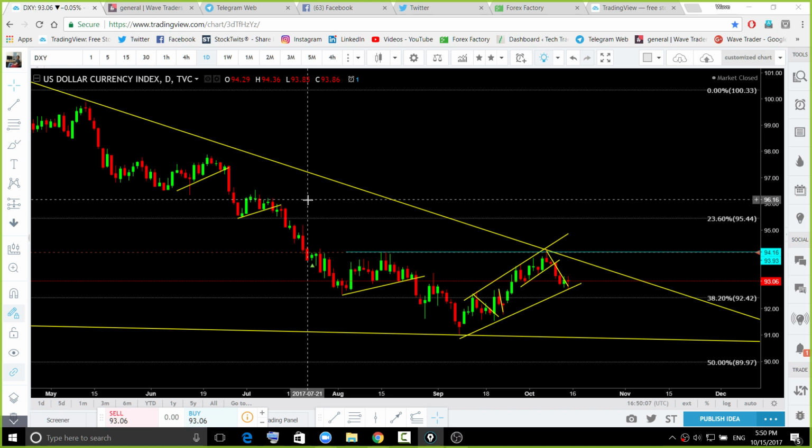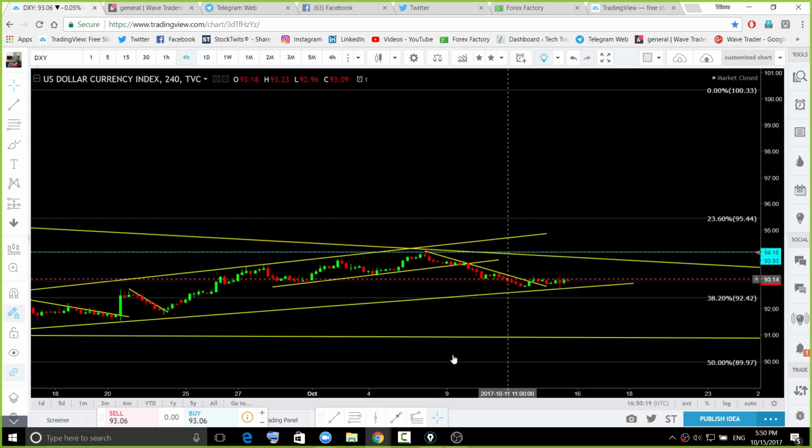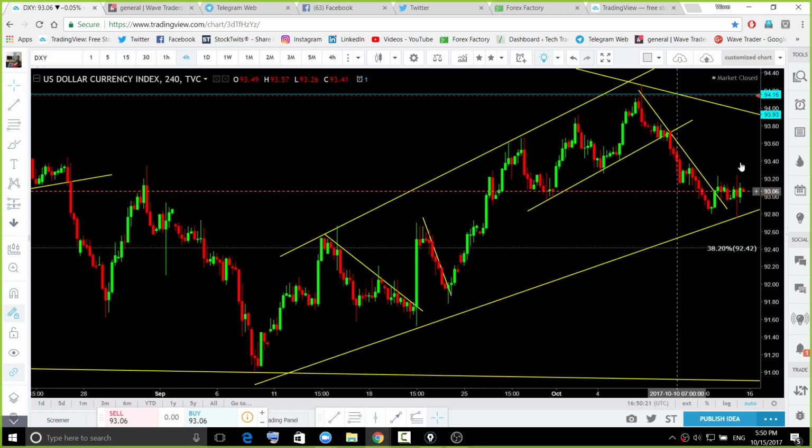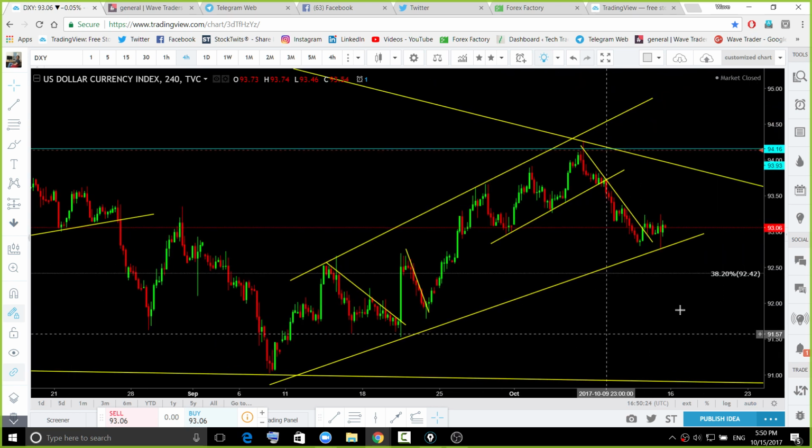So currently I'm neutral at the current price on the DXY and the Euro USD. Price has to confirm which way it has to go. Last week it was confirmed. The formation we were having last week was telling us that it is a reversal, so it should continue to the downside.